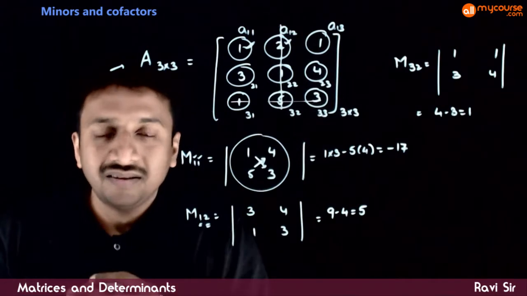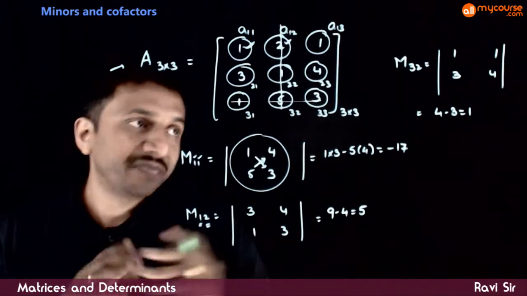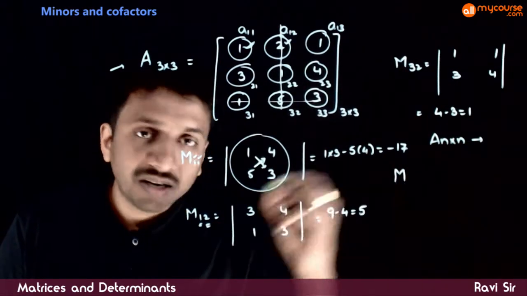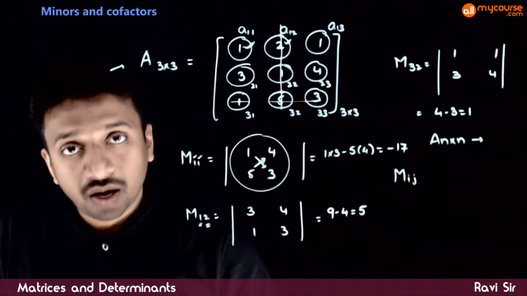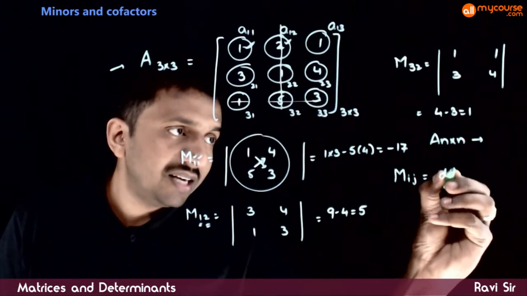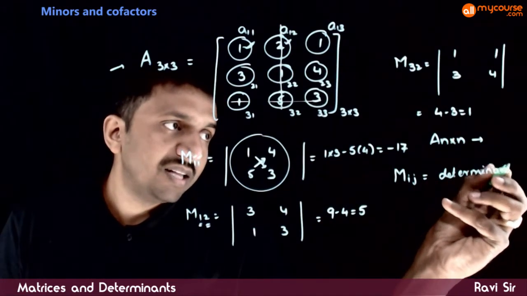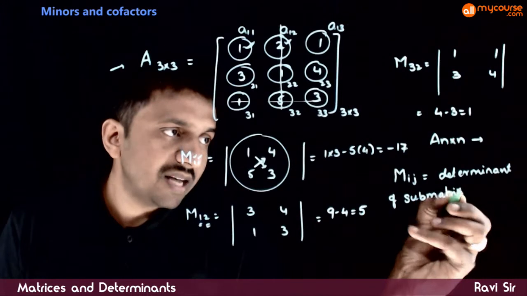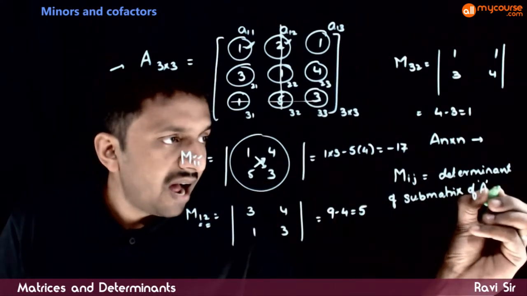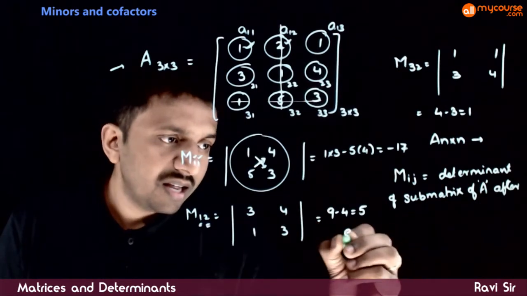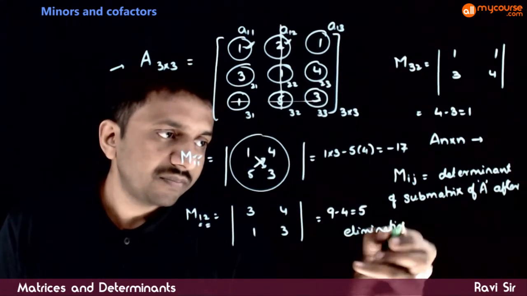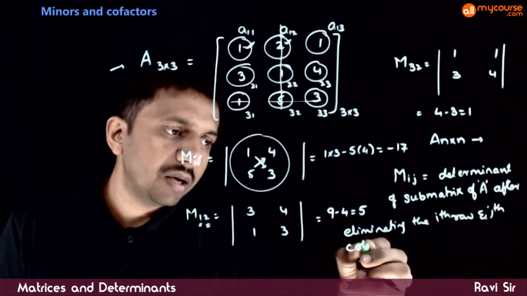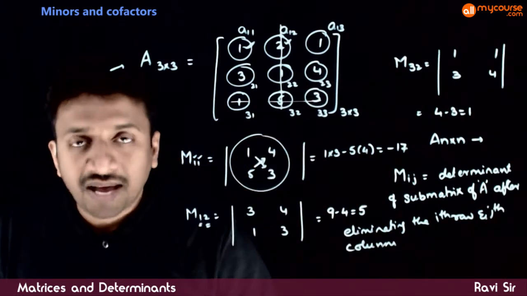So if I have to define the minor of a matrix: if A is an n by n matrix, the minor corresponding to the ith row and jth column element is nothing but the determinant of the submatrix of A after eliminating the ith row and the jth column, and it is called Mij.